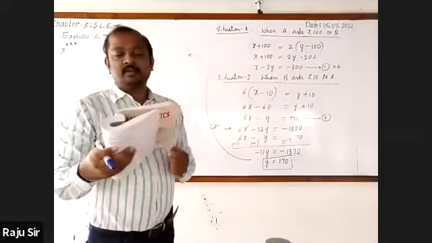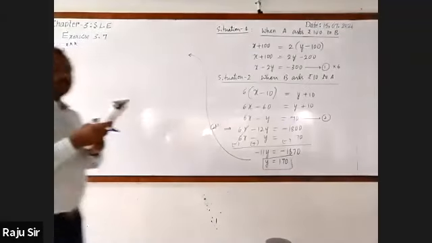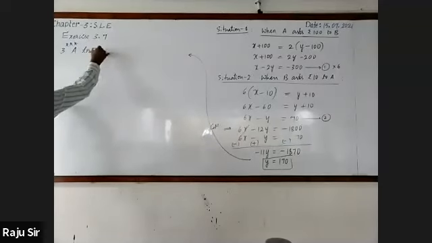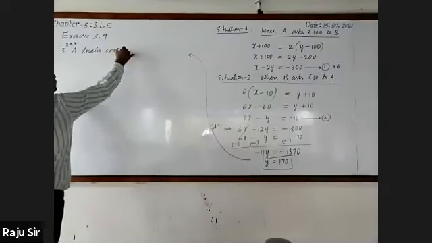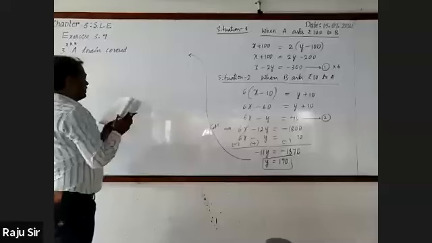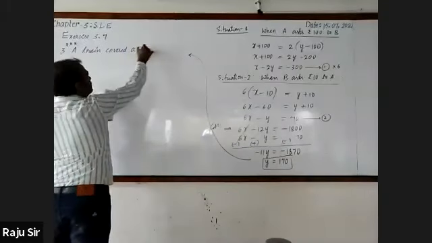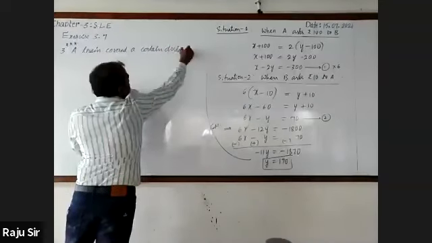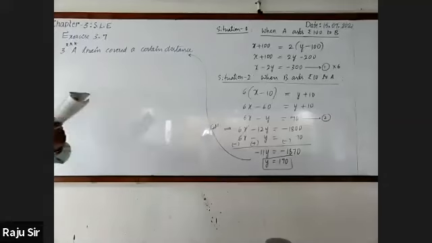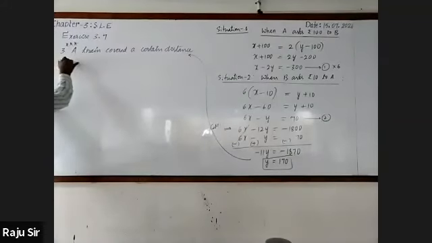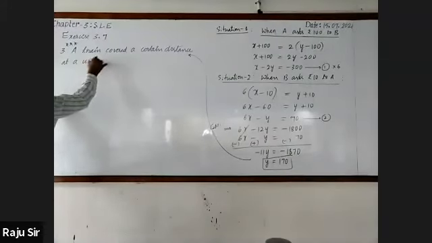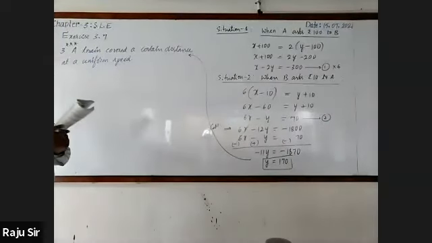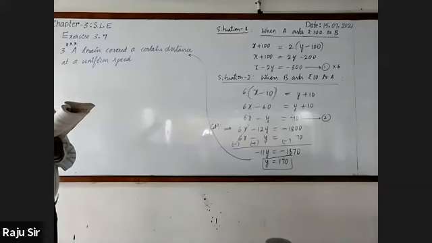A train covered a certain distance at a uniform speed. Full stop.